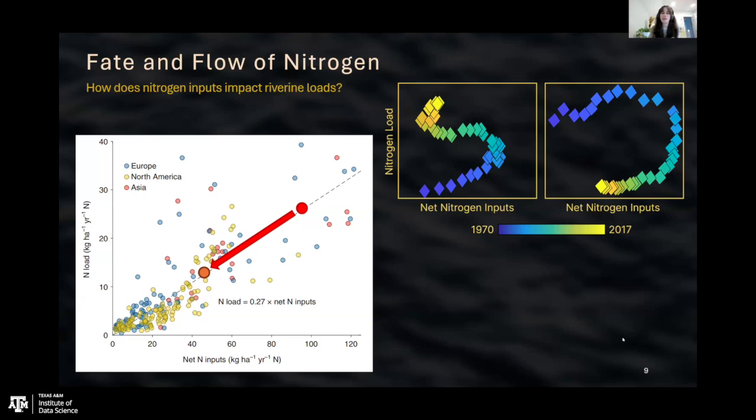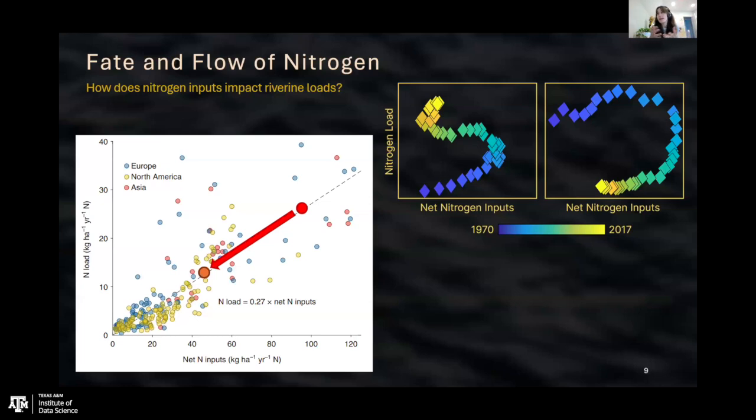Similarly, on the left-hand side panel, we see inputs go up, and at a certain point they flatten out in the 1990s. But even though the same amount of nitrogen is going in, our load continues to increase.